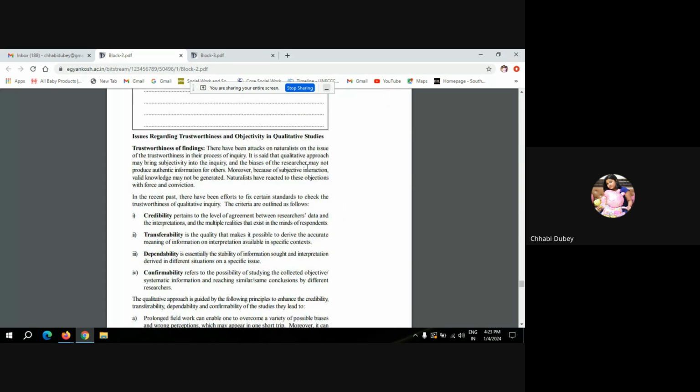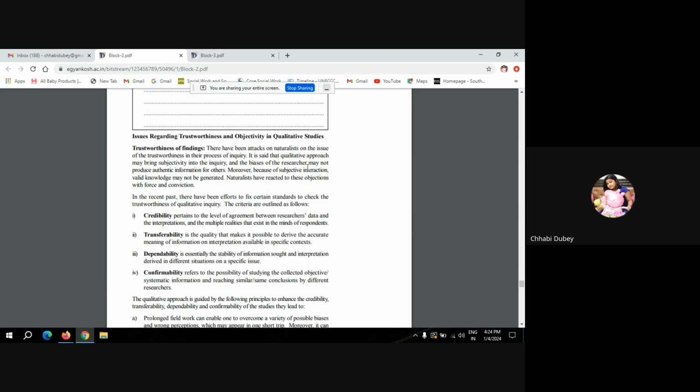Now, there are certain issues regarding the trustworthiness and objectivity in qualitative studies. Since qualitative studies require studying human behavior in their original situations, there are certain problems that we generally have to face when it comes to how trustworthy the findings are, because as we have said, there is a lot of subjectivity that goes into the qualitative work.